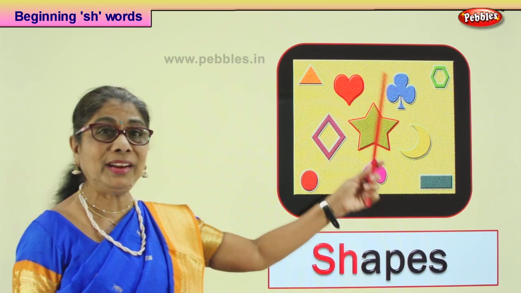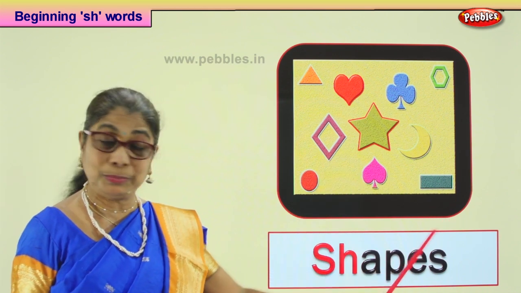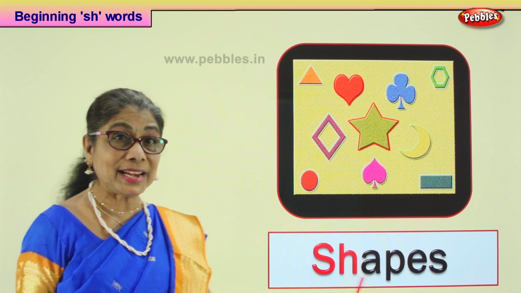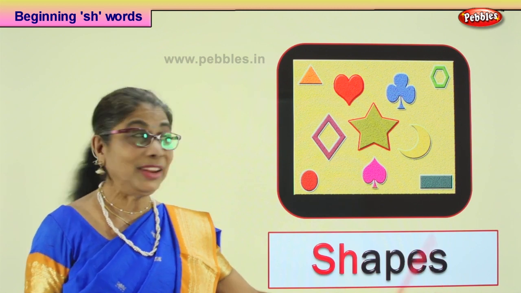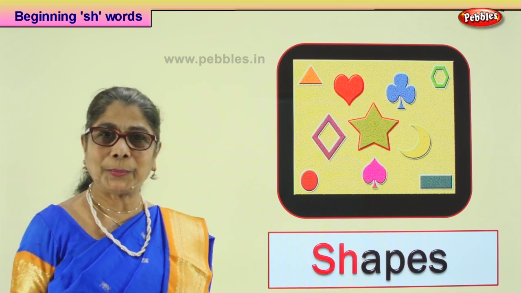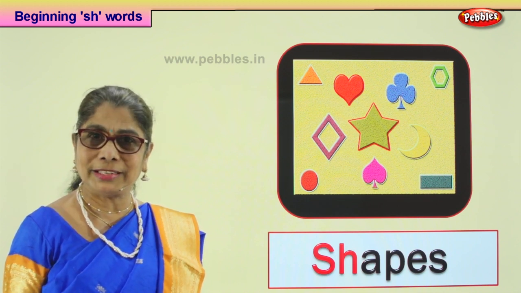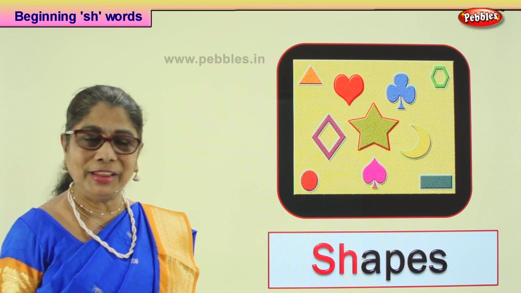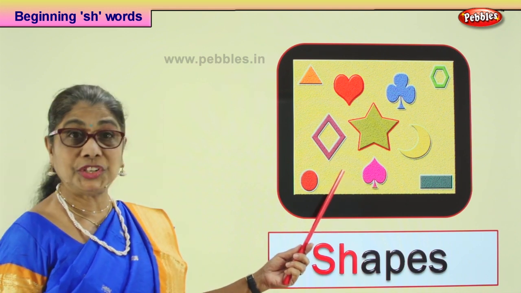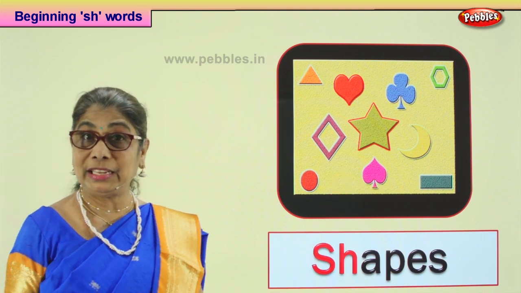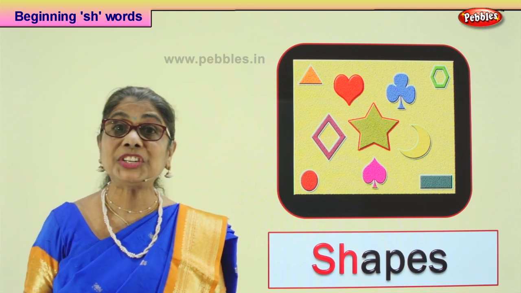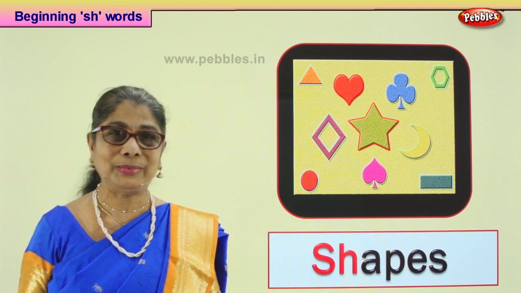We got different kinds of shapes. What do you use the shapes for? For drawing, coloring, seeing patterns everywhere. Very good. You can make a lot of things with the shapes. You can have a puzzle with shape. And you see shapes anywhere you look around.